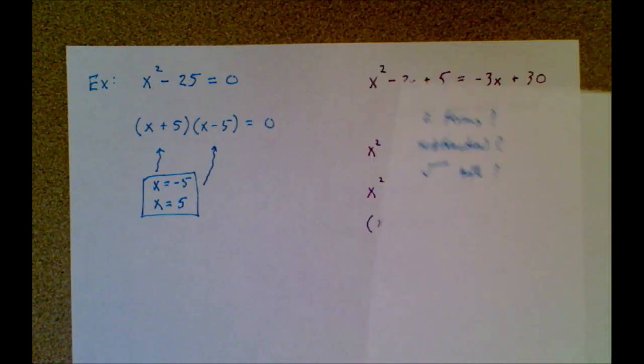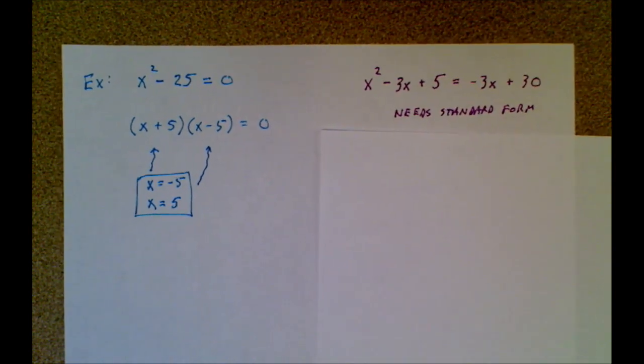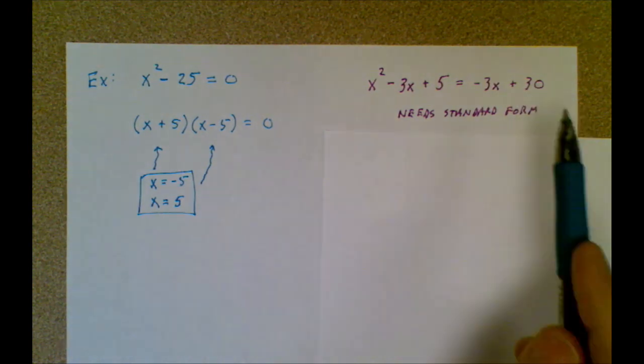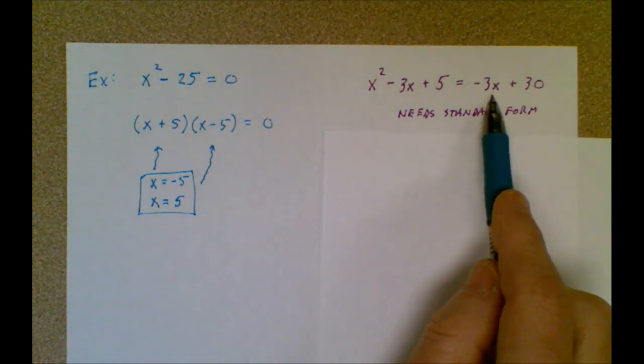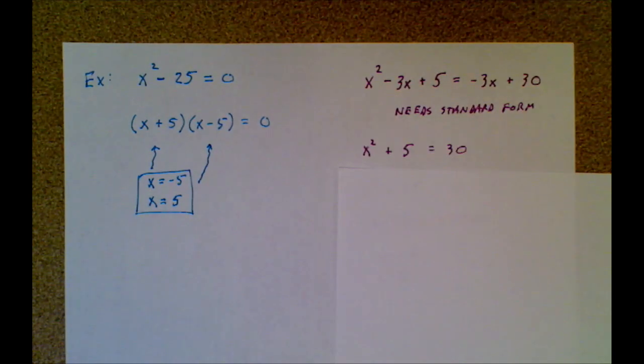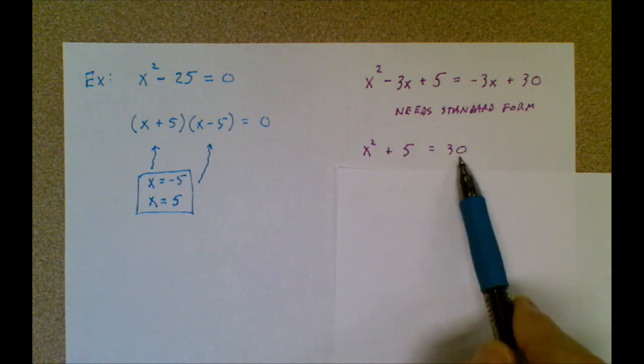By the way, the same problem could have been given to you in a lot more gross fashion. Look at that equation. Well, that's definitely not in standard form, but if I move the minus 3x over to the other side, now the 30 is the only thing left on the right.